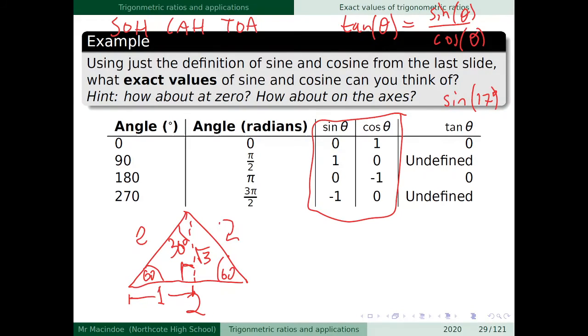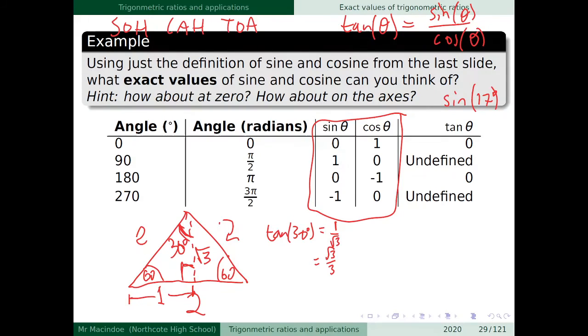So for example, if I wanted to do tan of 30, I could just go, all right, well, here's the angle I'm interested in. So the opposite of that is 1, and the adjacent is root 3. So tan 30 is 1 on root 3, which you might see written as root 3 on 3, just being rationalized.